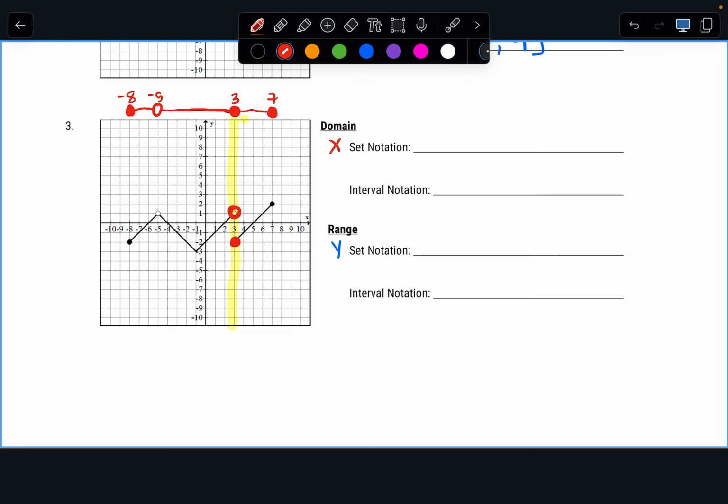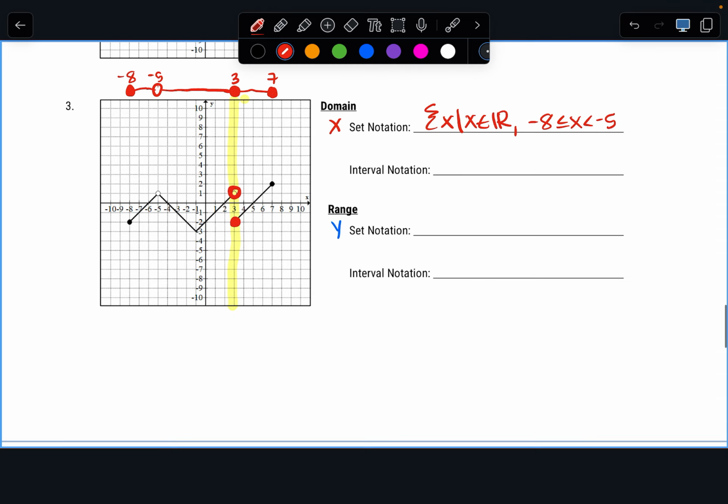So when I write out this set notation, I'm really just looking at going from -8 to -5 and then from -5 to 7. Those are the two things I'm doing. So I'm going to do x such that x is an element of all real numbers. And then I'm going to have two things, unfortunately, for this one. We're going to say -8 less than or equal to x less than -5.